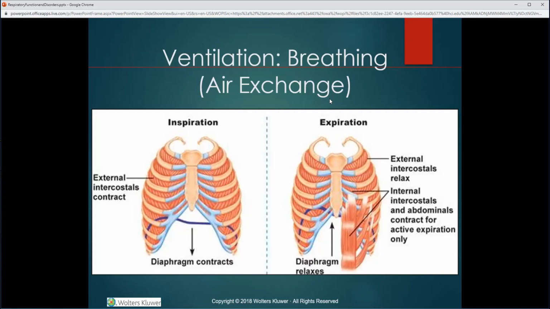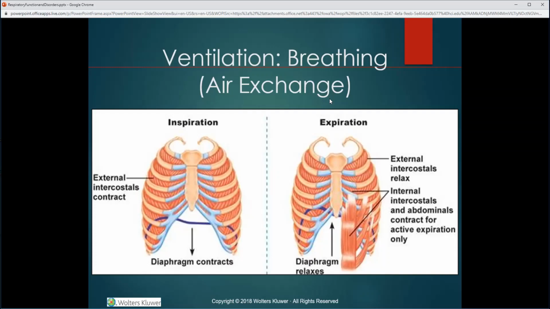So if you see the abs, like the abs we're trying to work out when we do our crunches, if my abs are having to work to help my diaphragm, if my intercostal muscles are having to work real hard, that alone is a sign of respiratory distress. You would document that. You would document the patient is complaining of shortness of breath, appears to be in distress with use of accessory muscles.